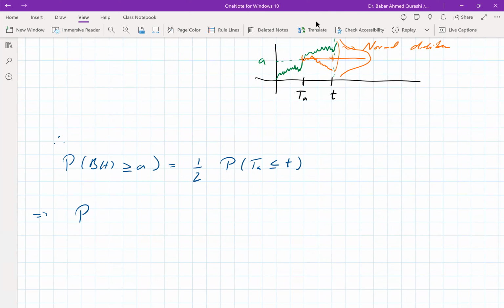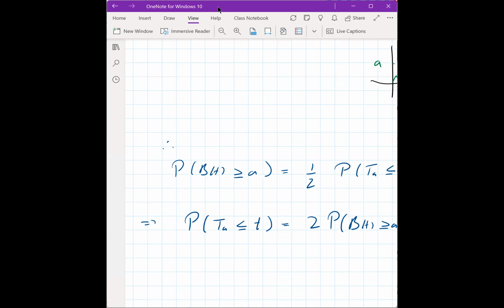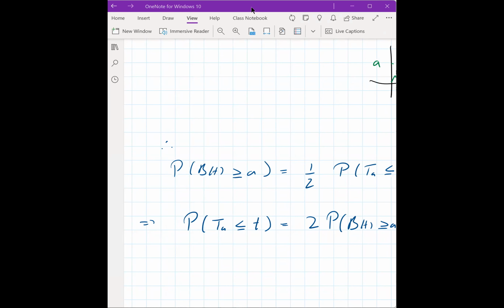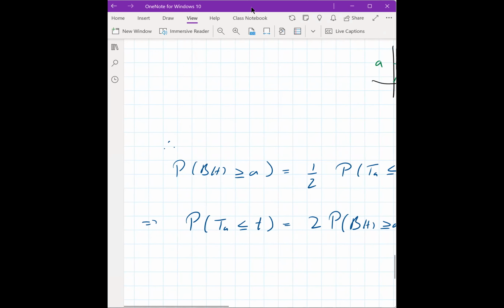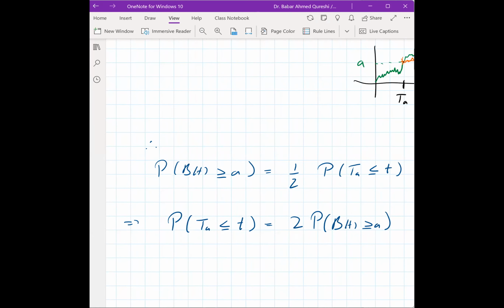So this implies what I have done, I have essentially computed the CDF of this variable T of A. And what I have found is that it is equal to 2 times this.